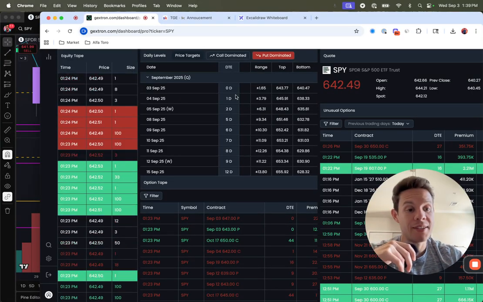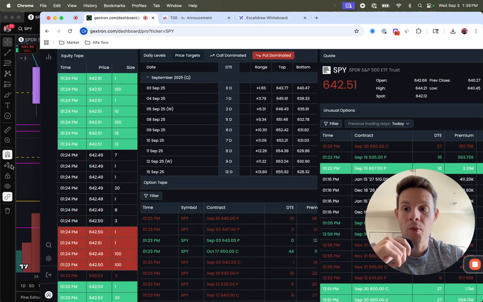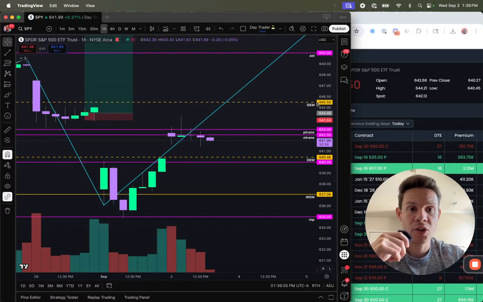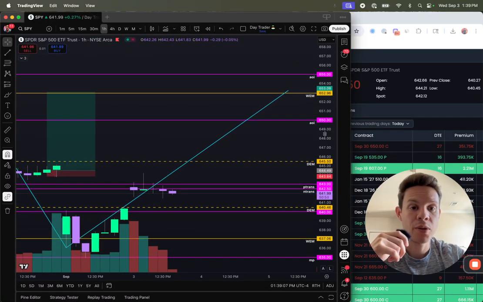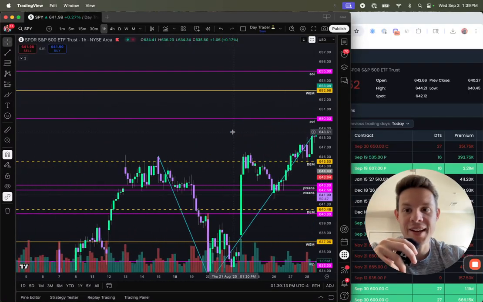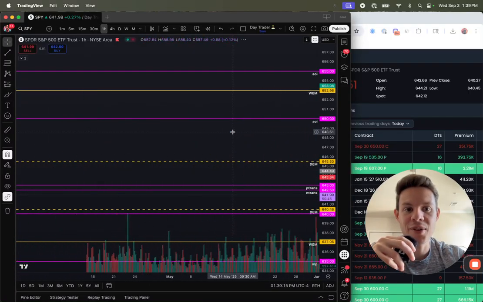So in this chart, I show you 652.96, very specific levels. There is nothing here that says 652.96, right? I don't think there is.